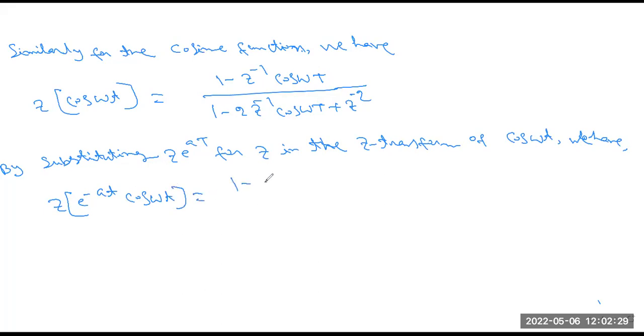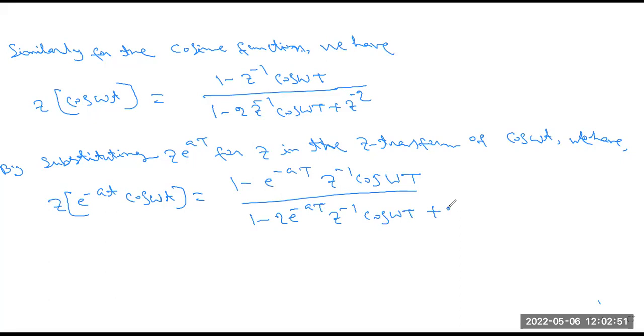This is 1 minus e to the power minus at z inverse cos omega t by 1 minus 2 into e to the power minus at z inverse cos omega t plus e to the power minus 2at z inverse squared.